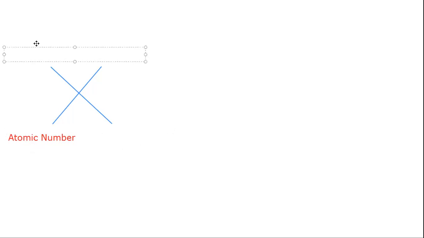The upper one is called atomic mass, or atomic weight. The atomic number is not the one used for K and L shells, it's called the atomic number.